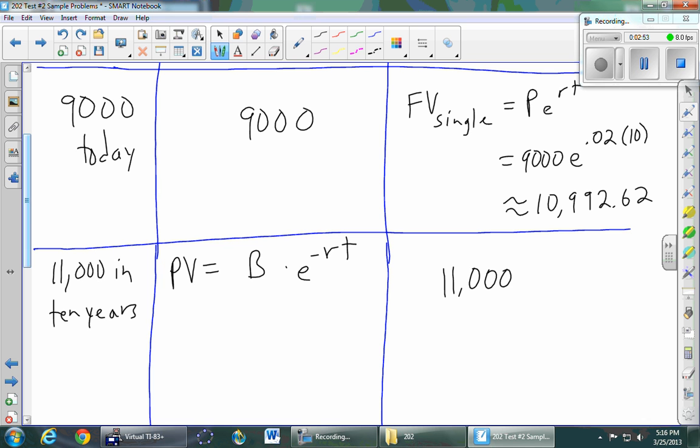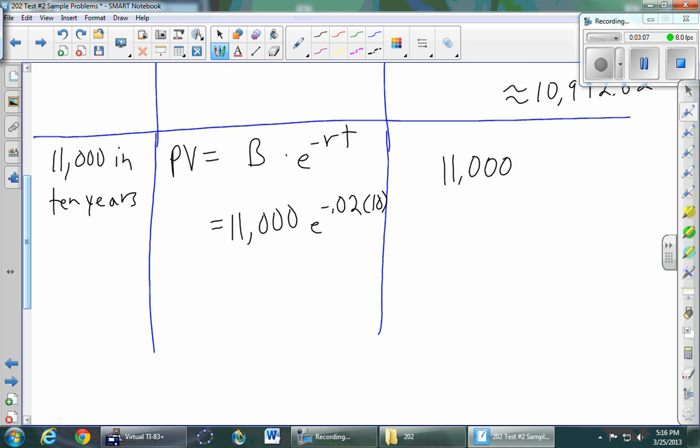So in this case, we have $11,000 times e to the negative 0.02 times the same 10 years. And we can type that into the calculator. Turns out to be about $9,006.04.